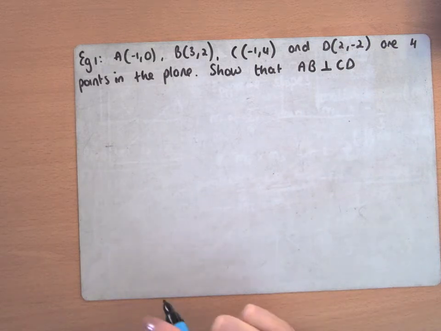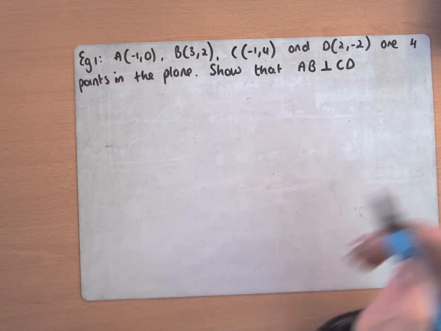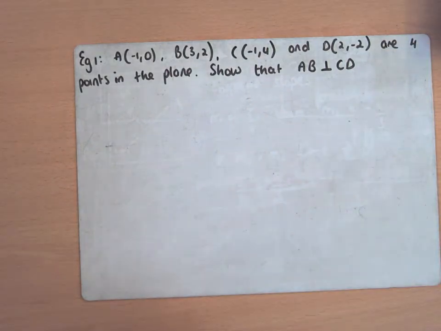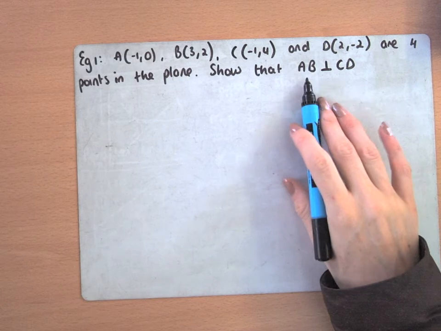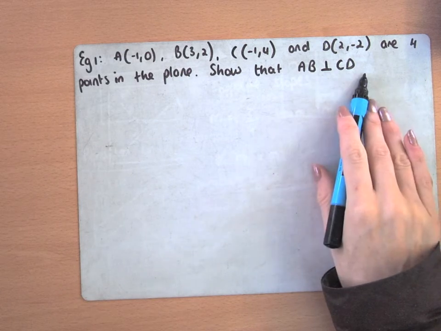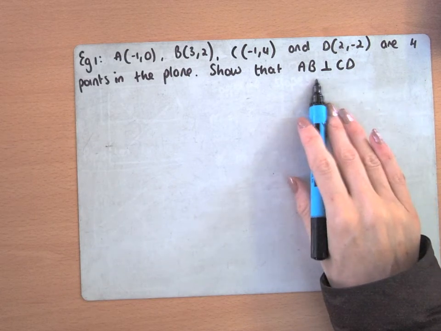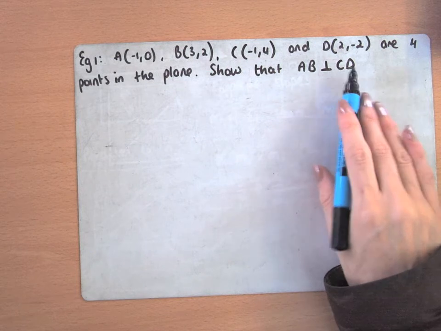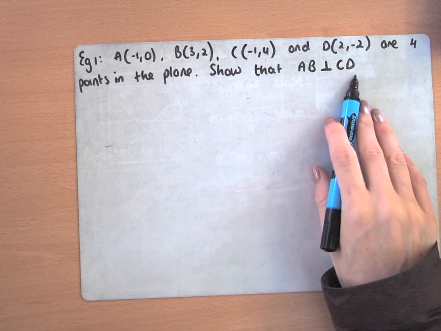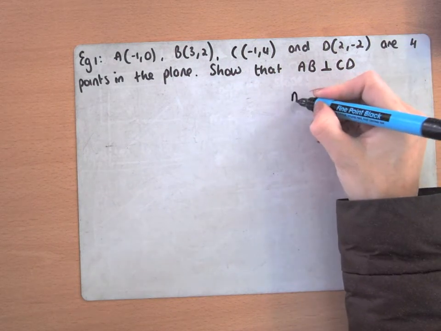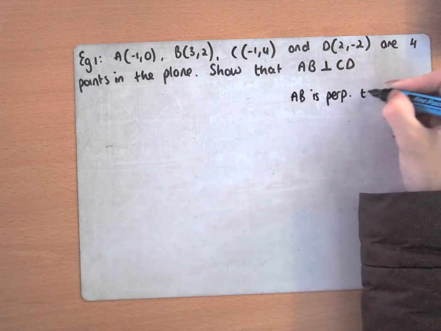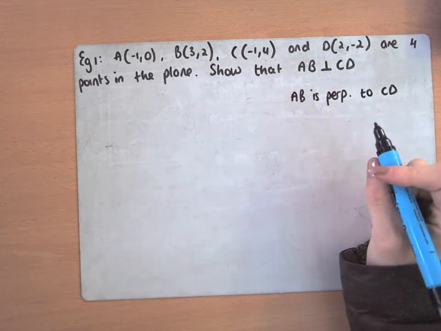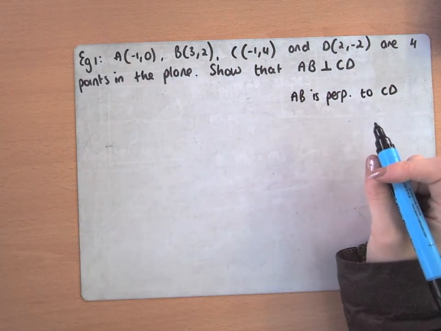Okay, so A, B, C and D are 4 points in the plane. Show that this... Can someone read that for me? AB is perpendicular to CD. So if you need to write that in, write that in. AB is perpendicular to CD. And what does perpendicular mean for the slopes?